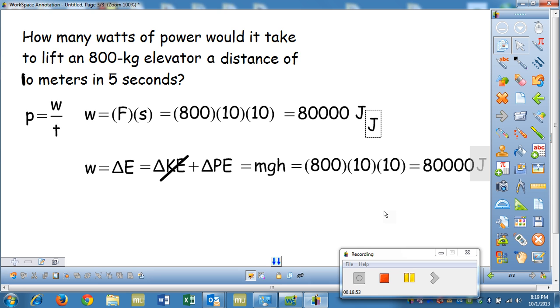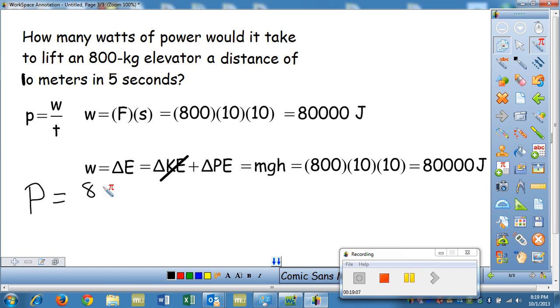So we just divide it by the time, which is 5 seconds, right? So P equals 80,000 divided by 5.